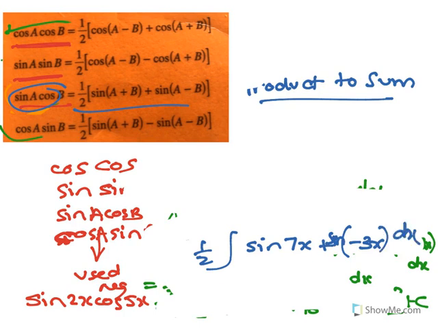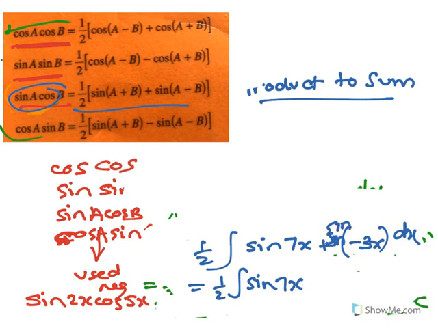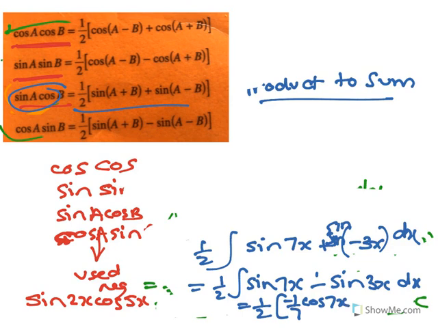Now, if you can deal with the negative there, then it's not a really big problem. Okay, so it's going to be a half sine 7x, and then sine of minus 3x, the minus comes out the front, so it's minus 3x dx. So it's a half, 1 on 7, would be minus cos 7x plus 1 on 3 cos 3x dx, plus c.